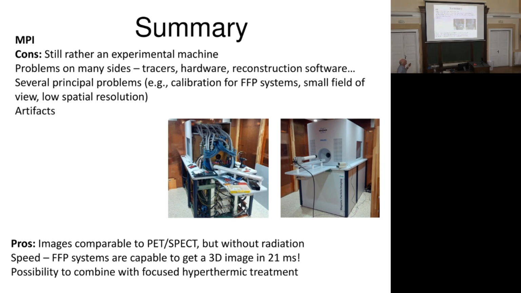There are several principal problems like long calibration, small field of view, low spatial resolution, and artifacts. On the other hand, to be somewhat optimistic, it produces nice images which are comparable to PET or SPECT in terms of just looking at it, but without radiation. You use a tracer which you can image, and you see just the tracer with no background.